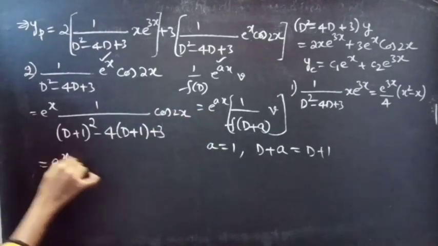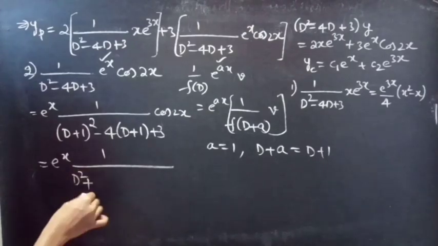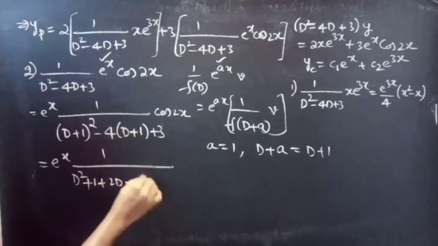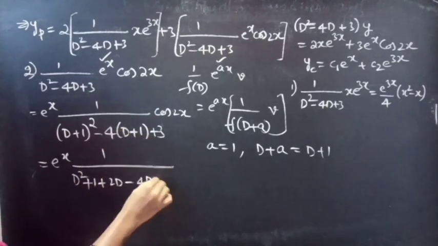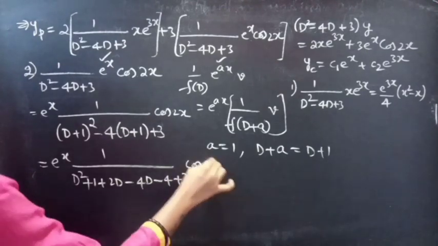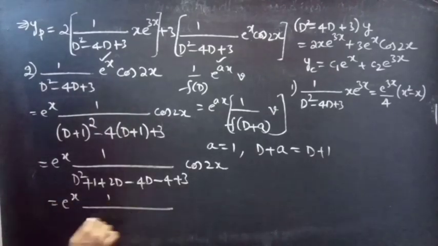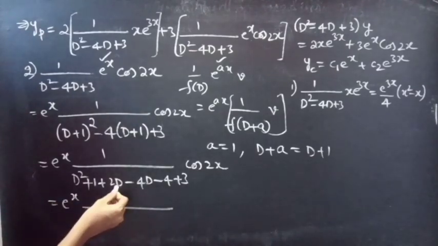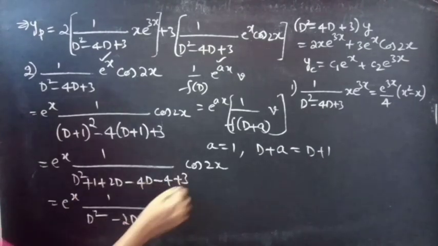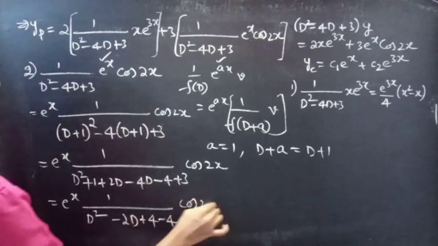which equals e power x into 1 by, expand d plus 1 whole square using the a plus b whole square formula. We'll get d square plus 1 plus 2d minus 4d minus 4 into 1, that is minus 4, plus 3 into cos 2x, which equals e power x into 1 by d square plus 2d minus 4d is minus 2d, plus 1 plus 3 is plus 4, minus 4, into cos 2x.